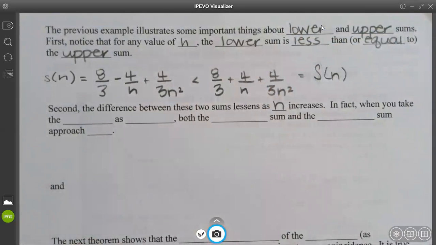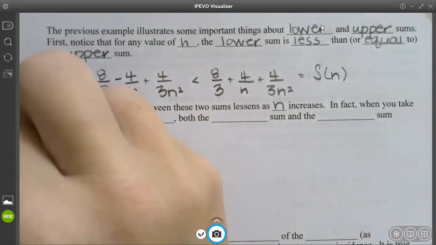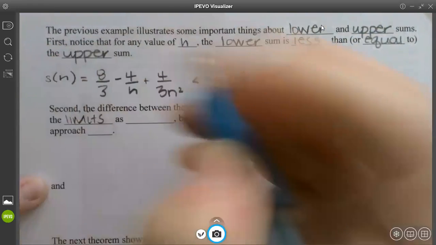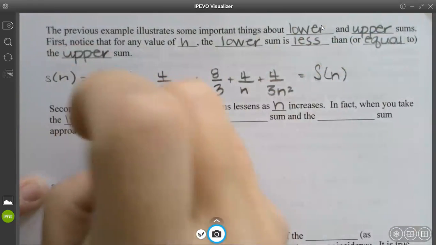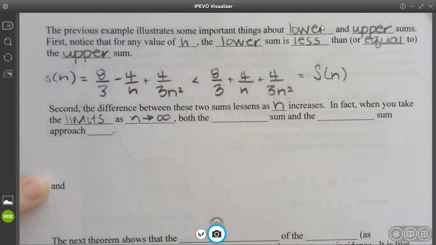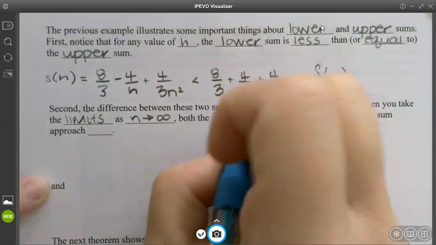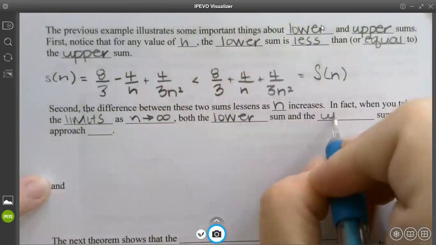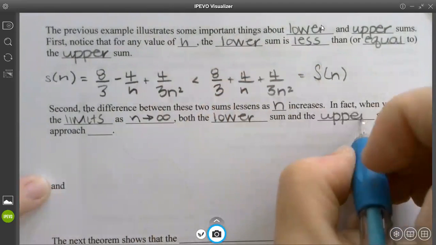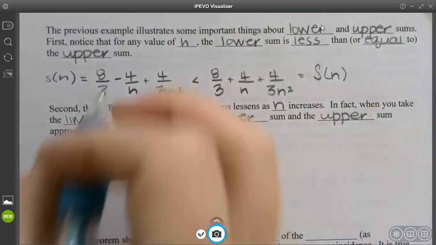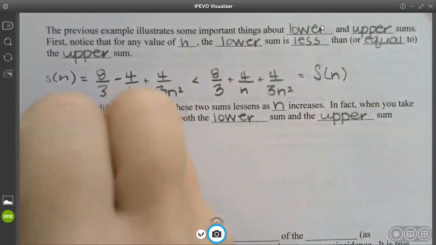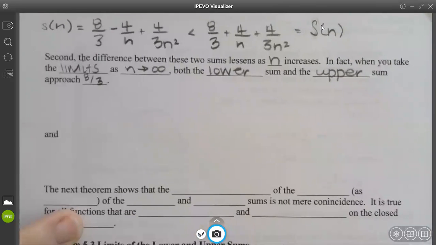In fact, when you take the limits as n approaches infinity, both the lower sum and the upper sum approach 8 over 3.